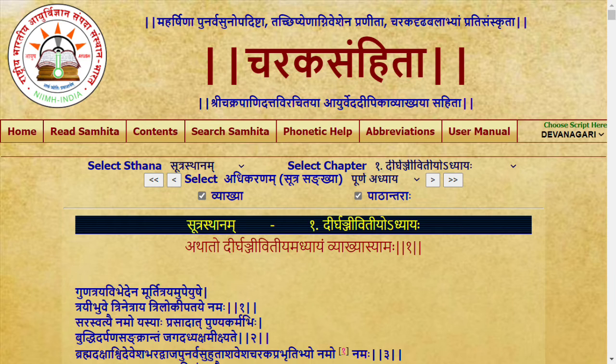So here Agnivesha is explaining to the readers that whatever his guru, or his teacher Bhagavan Atreya, has taught me, that has been documented here in the form of Agnivesha Samhita. This work is actually the teachings of Bhagavan Atreya. So he is explaining like that.